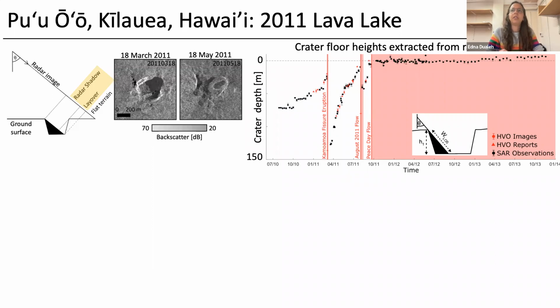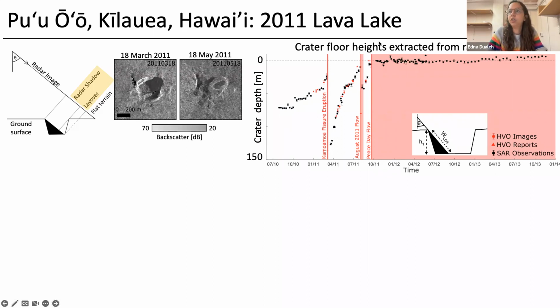So it's not a new method. However, the Hawaii data set, because it's very dense as well as having extensive ground-based monitoring, allowed us to examine the limitations and the assumptions that go into this method, in the hopes of understanding it better and then being able to apply it elsewhere.